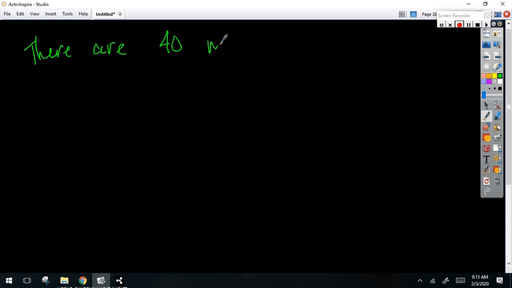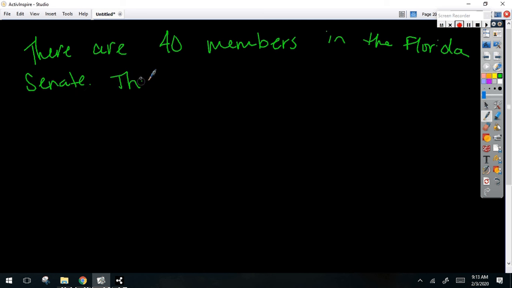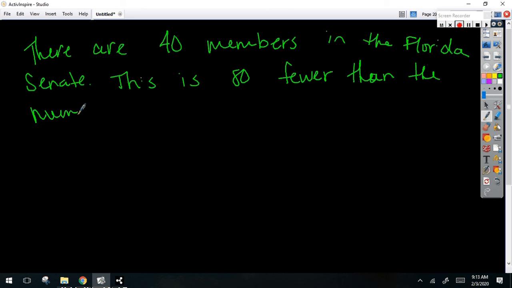There are 40 members in the Florida Senate. This is 80 fewer than the number in the Florida House of Representatives.